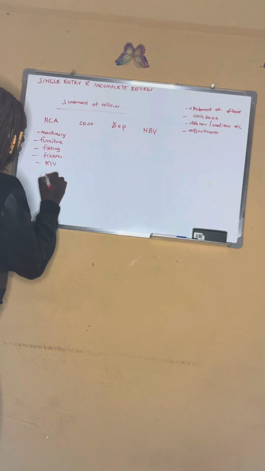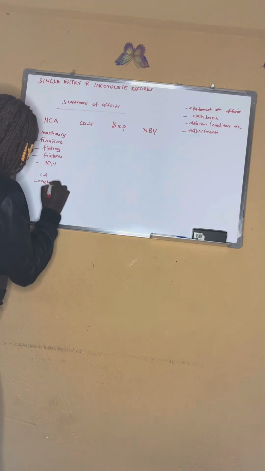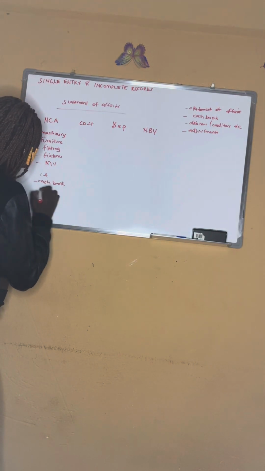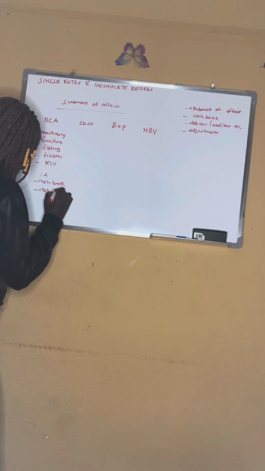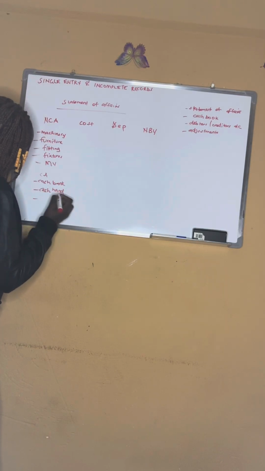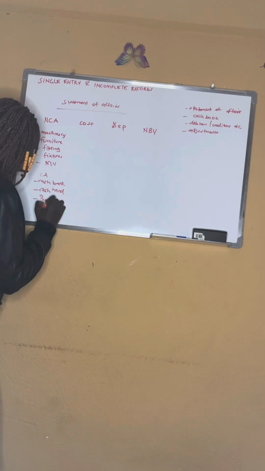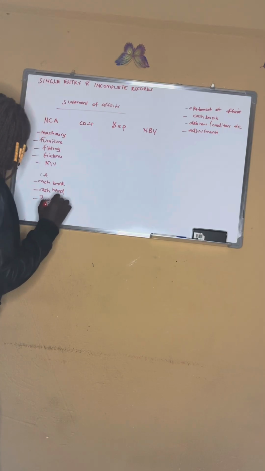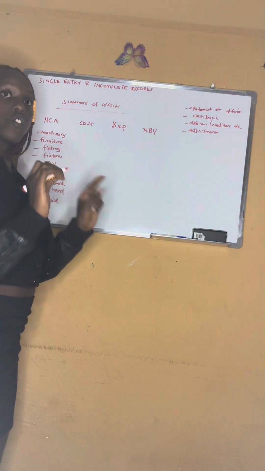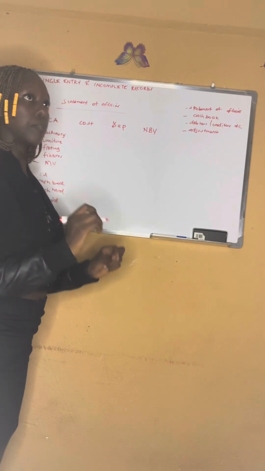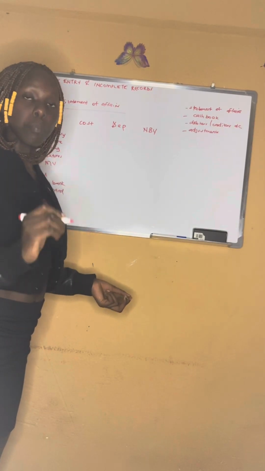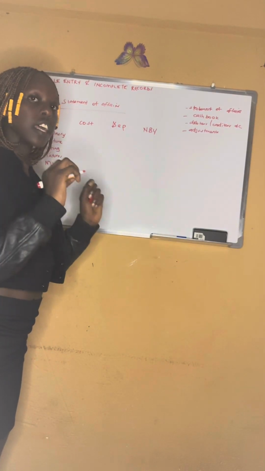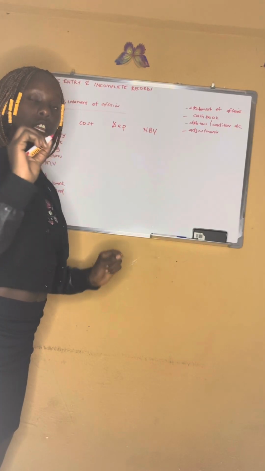So the current assets, we have cash at bank, cash at hand, prepaid. Prepaid may be prepaid rent, prepaid income, prepaid insurance. Anything prepaid is an asset. Anything received is an income.